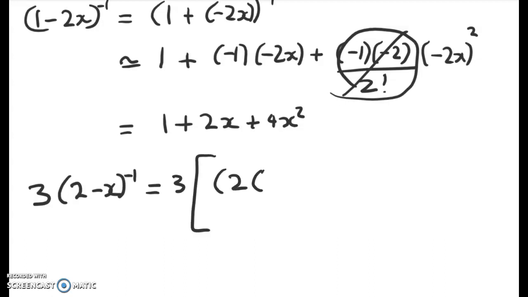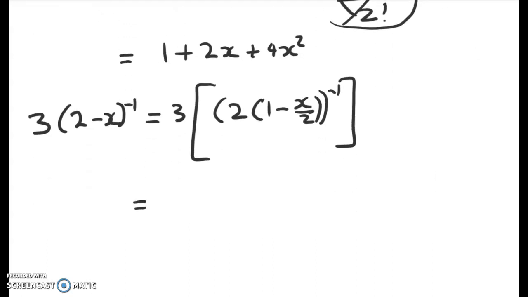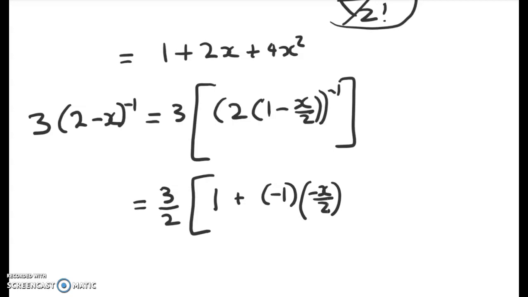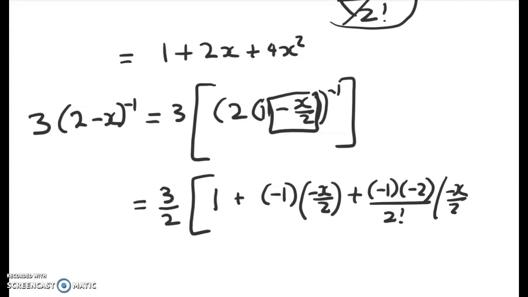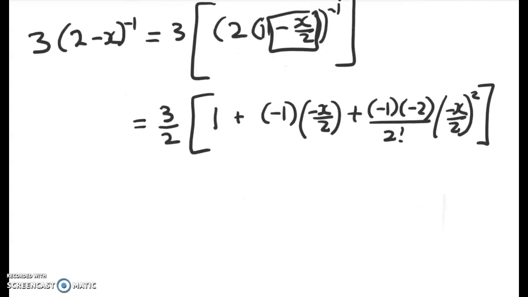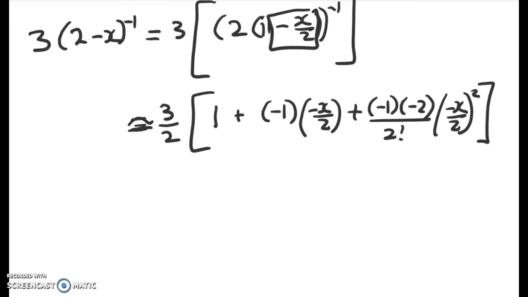So this is 2 into 1 minus x over 2, all to the negative 1, which equals 3 halves of 1 plus n, negative 1, times negative x over 2, so I'm treating this here as my building block, plus n times n minus 1 over 2 factorial times that thing squared.